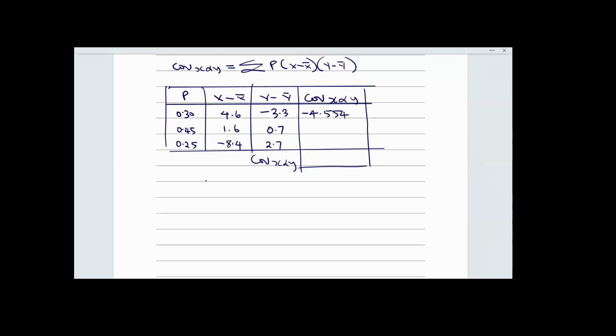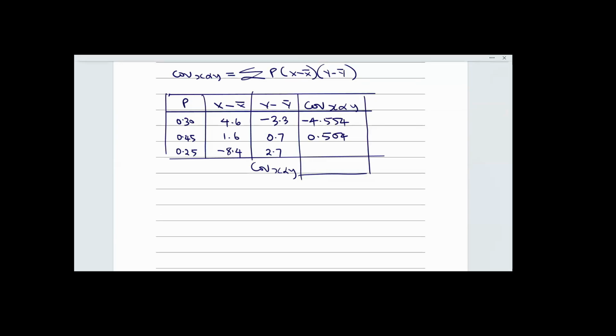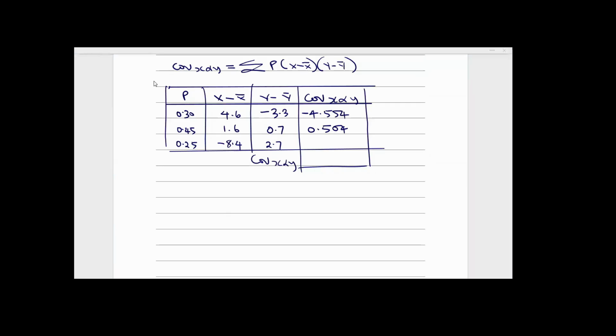The second row, state B, is minus 0.504. The next one is minus 5.67.